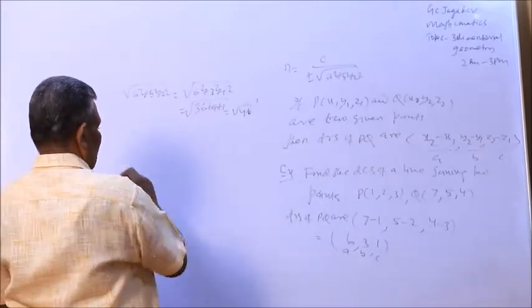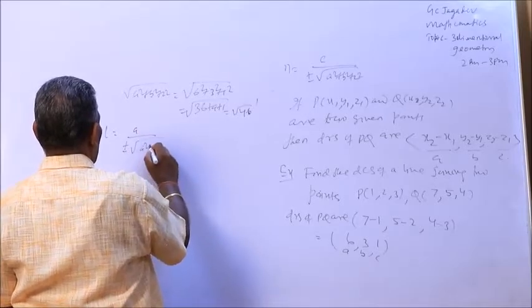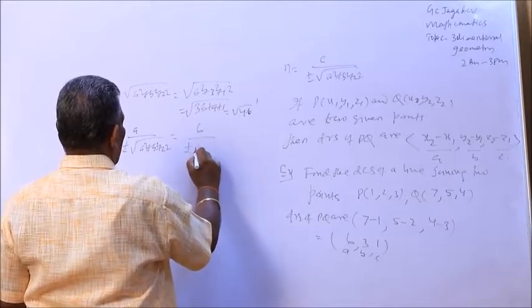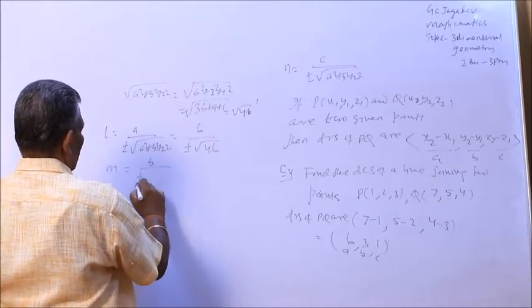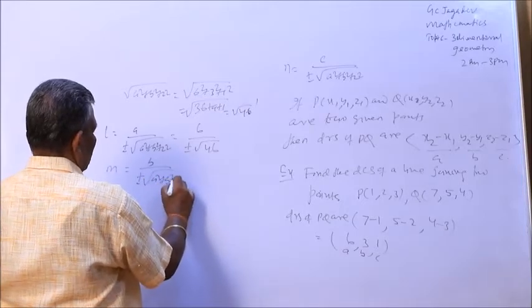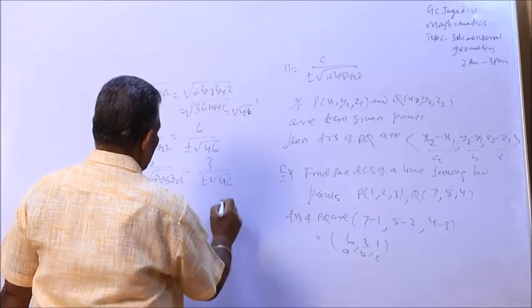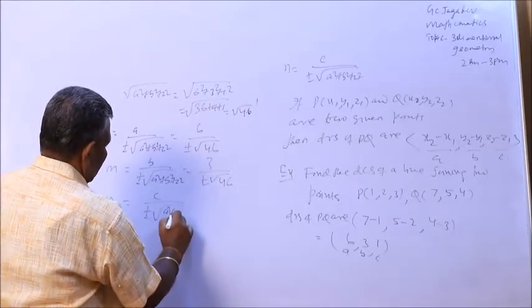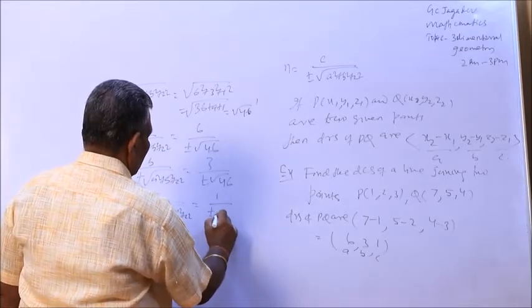So L can be taken as A by plus or minus root over A square plus B square plus C square, that is 6 by plus or minus root 46. M equal to B by plus or minus root over A square plus B square plus C square, that is 3 by plus or minus root 46. N equals C by plus or minus root over A square plus B square plus C square, that is 1 by plus or minus root 46.